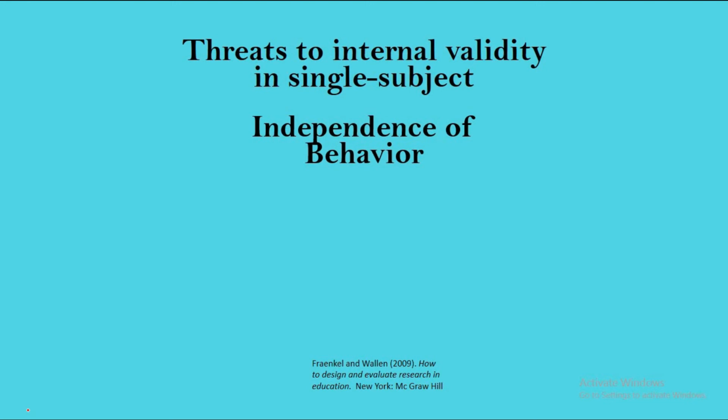So for that particular multiple baseline studies, you have to be very certain that the behavior that you are observing, kasi multiple baseline, no? Meaning there are different behaviors that you are doing a baseline observation.